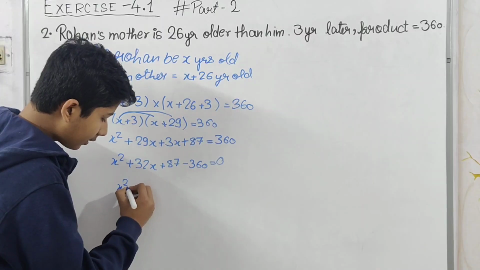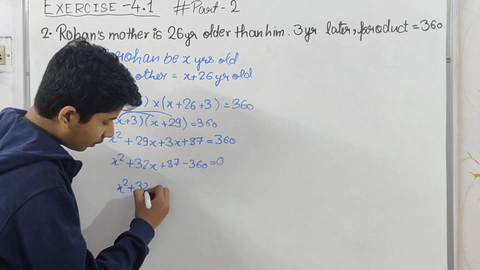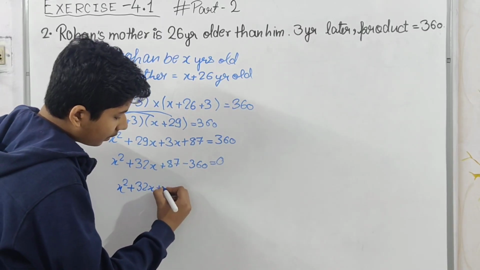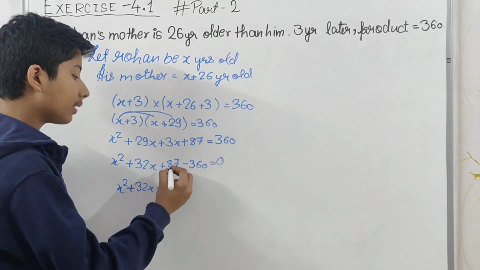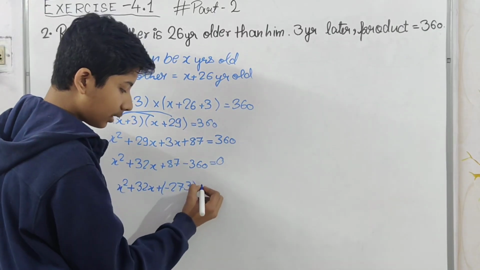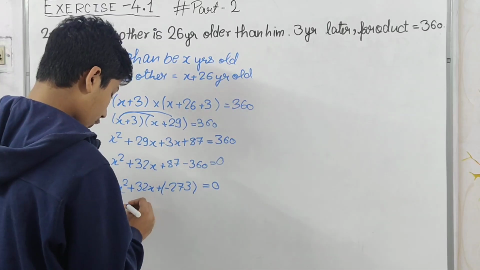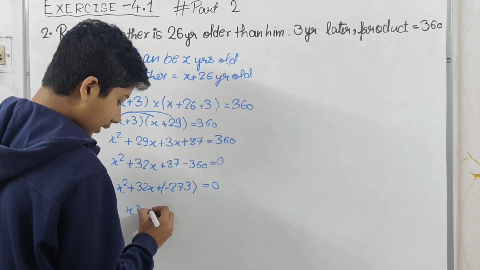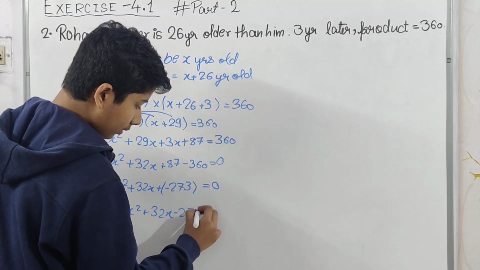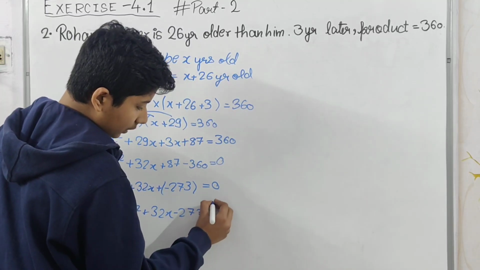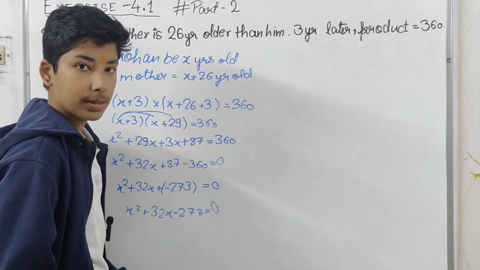So x square plus 32x minus 273, because minus 360 plus 87 is minus 273, equals to 0. So x square plus 32x minus 273 equals to 0. I hope this is clear.